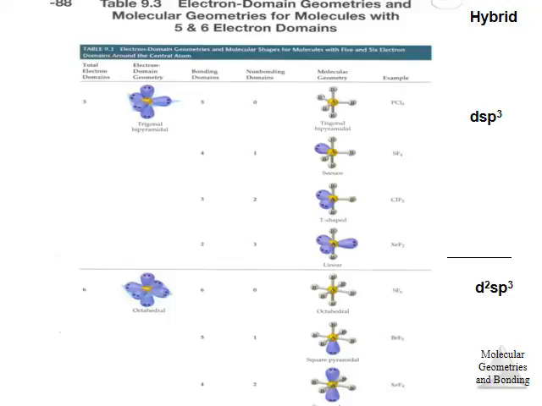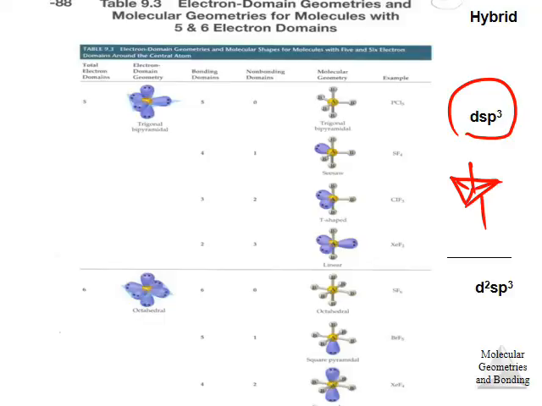Now here we have 5 electron domains or 5 electron pairs. As I mentioned before, I need to have 5 hybrid orbitals, and dsp3 gives me 5 orbitals, and that has a combination of two angles. So let me draw the trigonal planar angle. We talked about this without discussing hybridization.